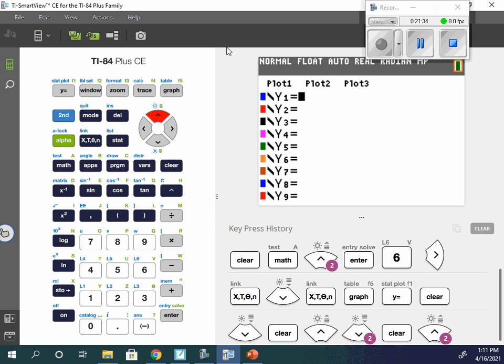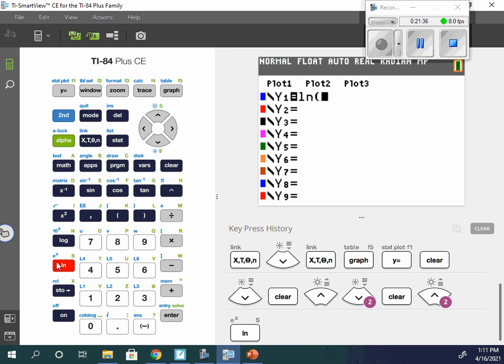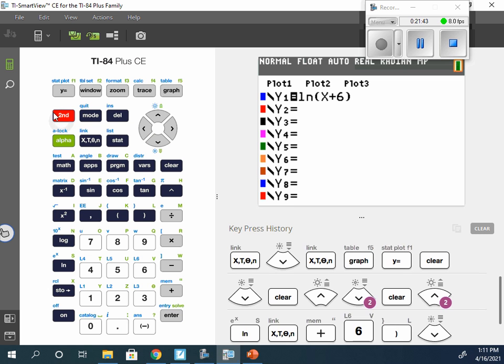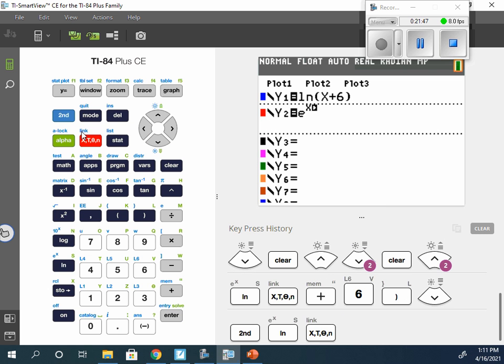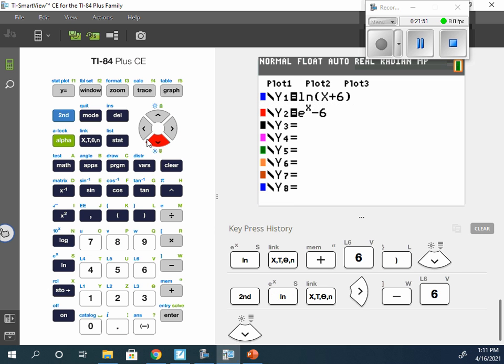So I want to go on and graph this for y'all. ln of x plus 6, second, e to the x minus 6 and x. Because we talked about inverses the first time, and I showed you where we graphed the function and then its inverse. It was reflected across the line y equals x.